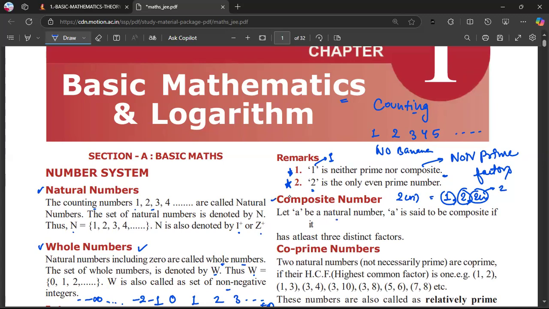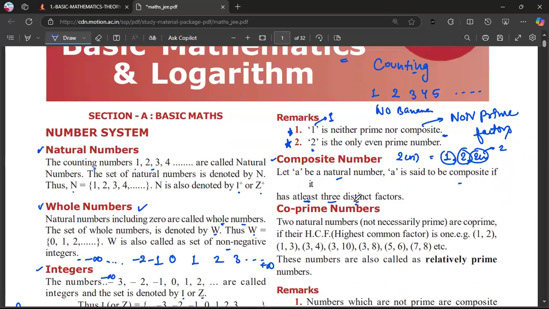A composite number is simply any natural number having at least three distinct factors, and the number of factors can be greater than this, but at least three distinct factors. Distinct means different factors. Clear about what is a composite number? Yes, sir.